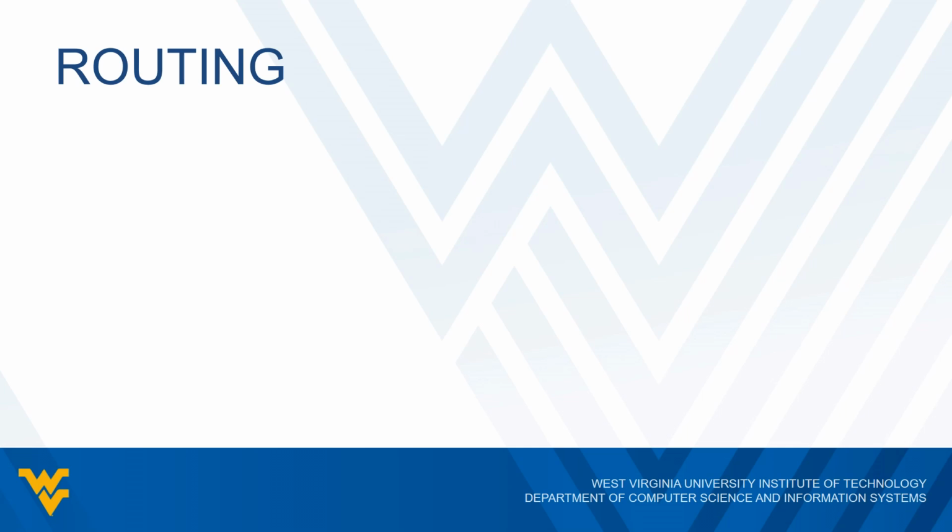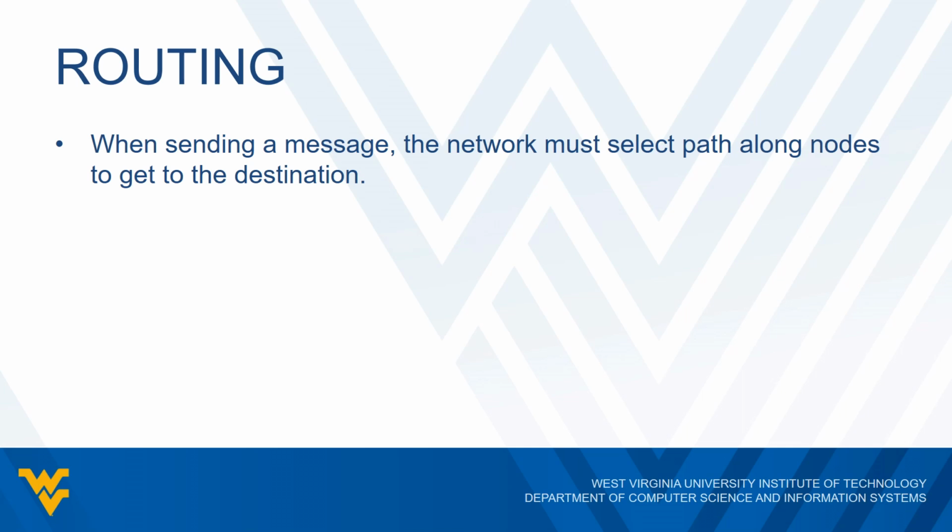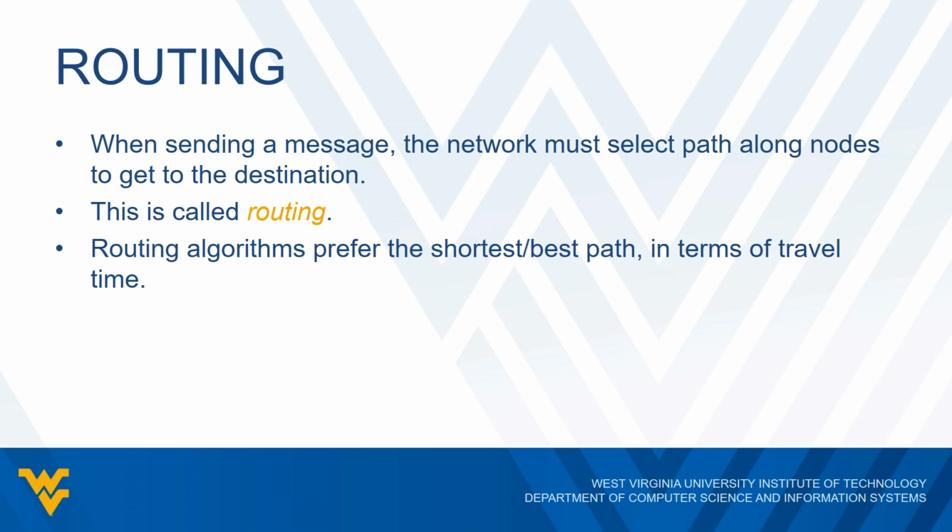When we actually send a message, the network has to select a path along the nodes to get to the destination. We did a couple of examples of this before, about trying to send a message from one node to another. This is what we call routing. There are different types of routing algorithms out there, but they all prefer what we call the shortest path or the best path.